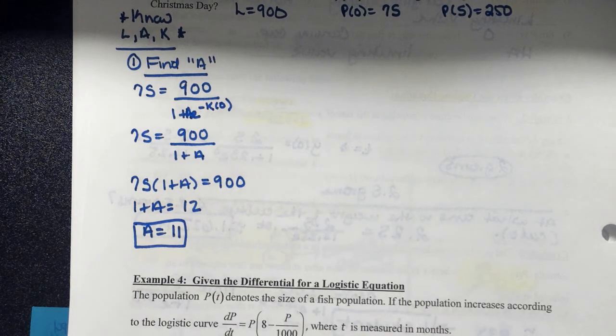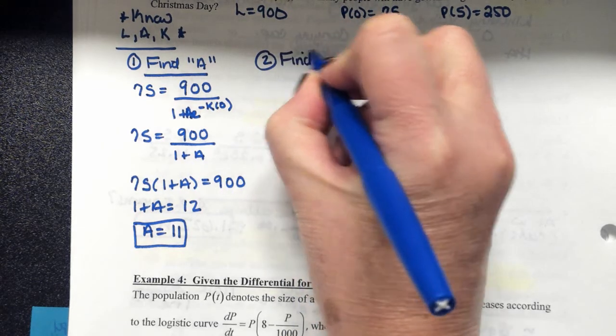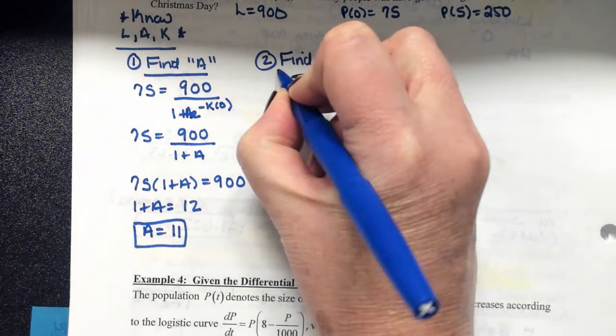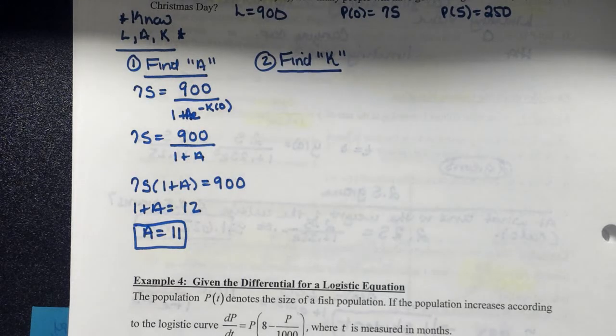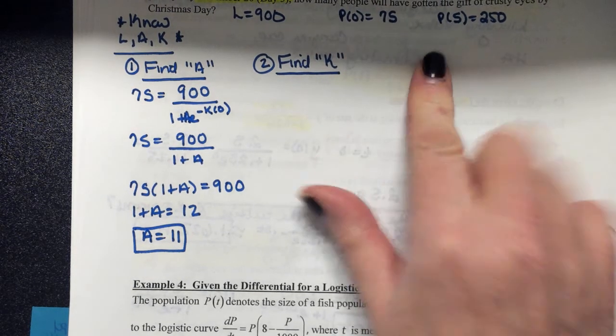So any questions on how I found the A value? So now I know L, I know A. My second step is I'm going to find K. So just like I did to find A, I'm going to plug the values that I know into my logistical model. Now again, I've got two different data points to use.